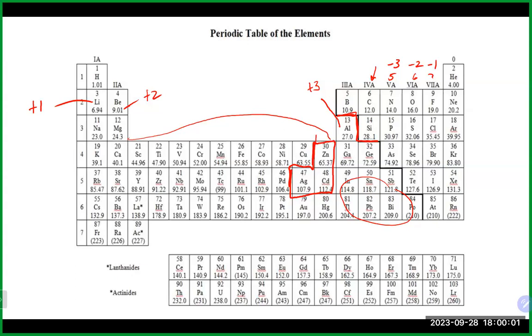Zinc and cadmium will always be +2, and silver will always be +1. So those 3 in the transition metal region will have fixed charges. Everybody else, again, will be a variable type of charge that is a metal. Any questions on that there?